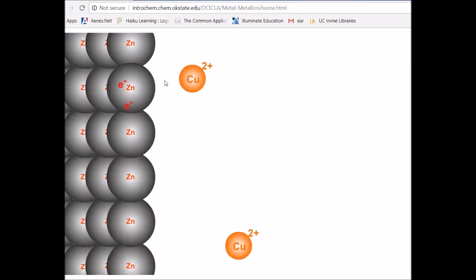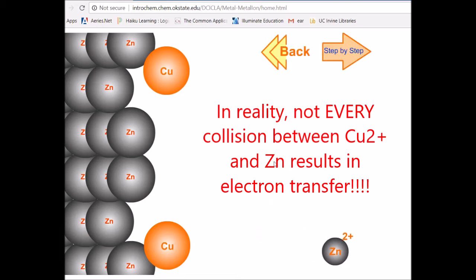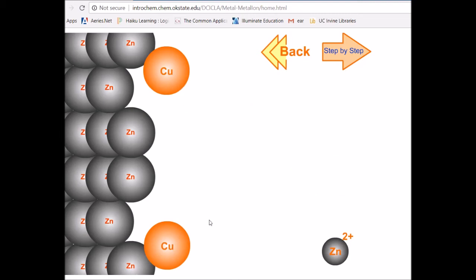Perhaps this one should bounce off without reacting, without undergoing electron transfer. That will make it a slower reaction than this implies. If only a fraction of the collisions are productive, the reaction rate will be slower.